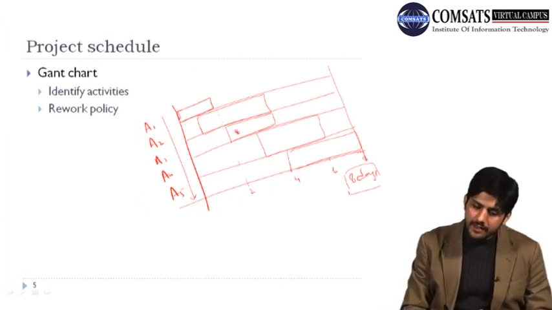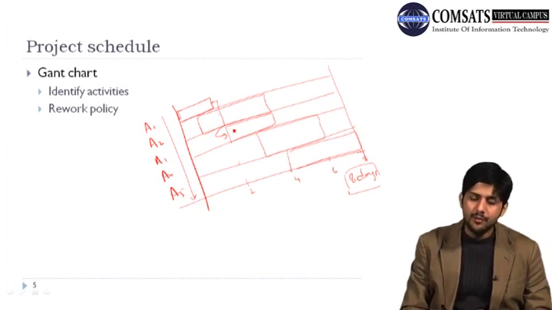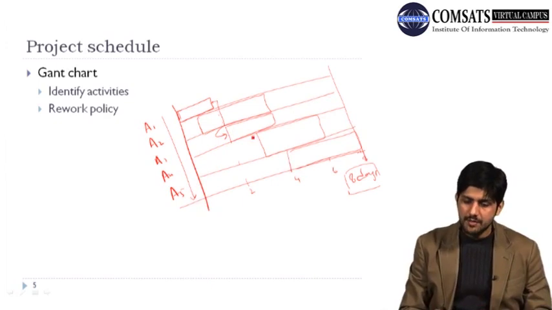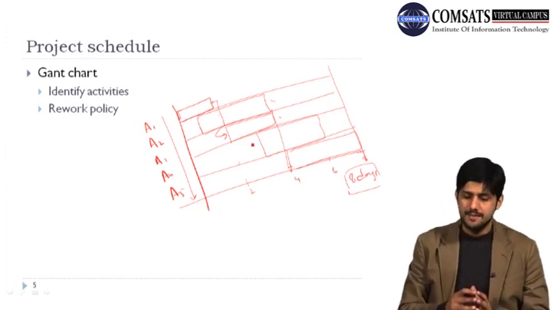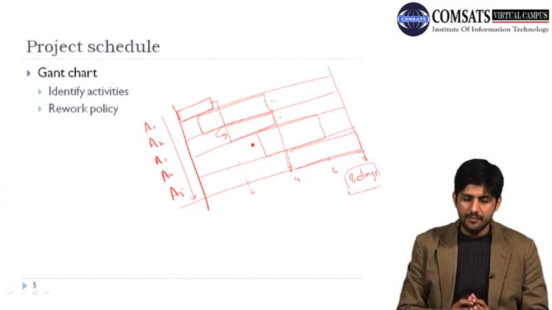So we know that activity 3 depends on activity 1, because it can only start once activity 1 is complete. Similarly, we know that activity 5 depends on activity 2 and activity 3, so we are only starting it here. So these are the dependencies that we know of.